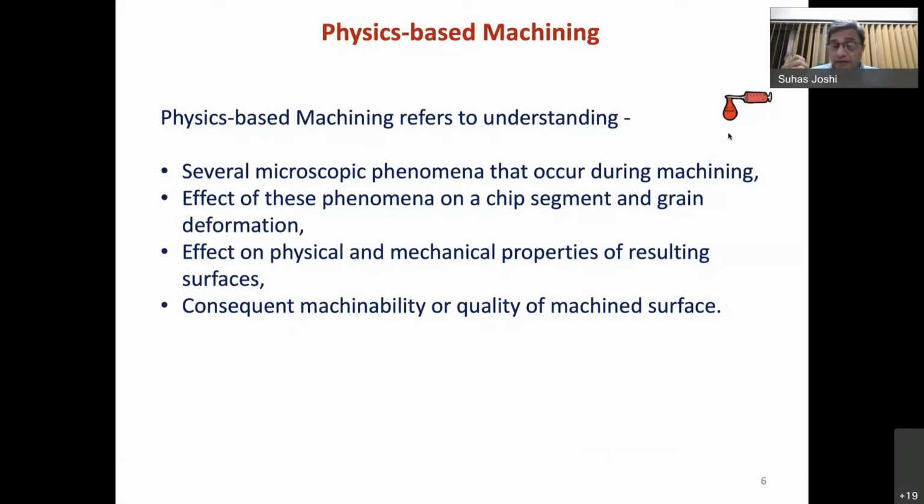The way you can characterize human blood and tell the health of a person, in the same way you can take a segment of chip and characterize what is happening in the machining process. I require only a few segments of chip, and based on that I can find out the entire characteristics of that particular material. That's why I have shown this drop of blood here.